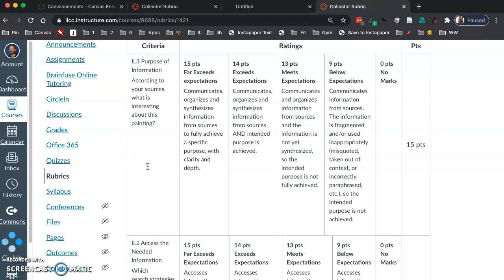What I've done is I've taken all those outcomes and made them criteria on the rubrics. And so, all of these rows here are actual practical things that you should be able to do when you complete this class.